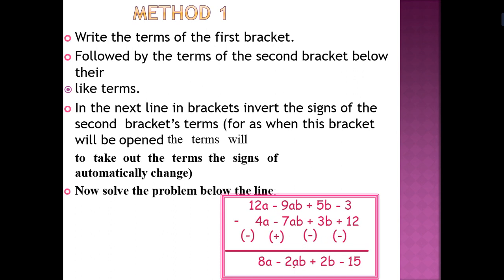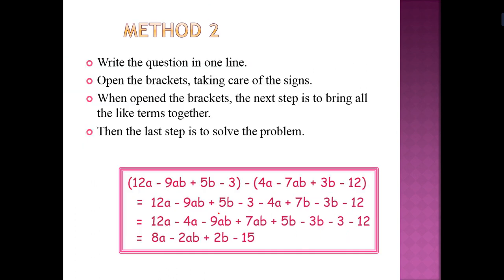So 8a minus 2ab plus 2b minus 15. That is called the vertical method. Now next, it is the horizontal method. First I open the bracket and make like terms. We can get 8a minus 2ab plus 2b minus 15.